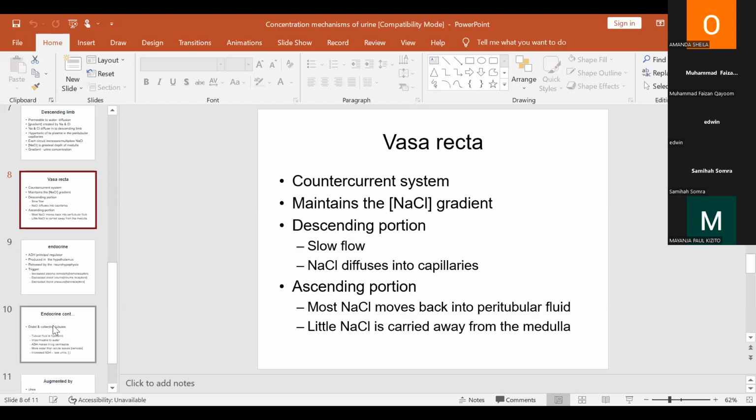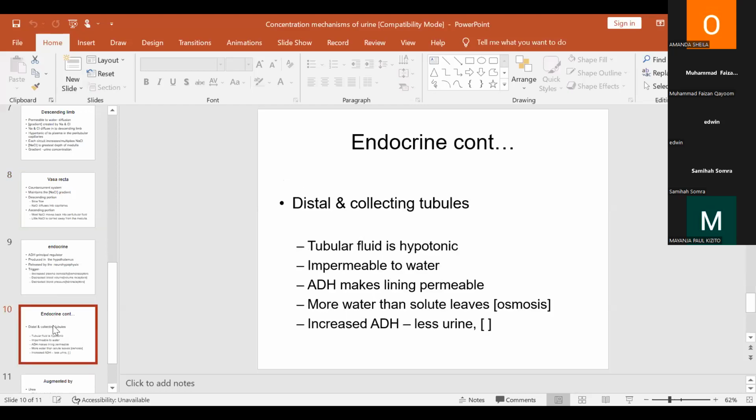Now, of course, there are other systems that help this concentration. And by now we should know that there's an endocrine contribution to this system, and some of them we have seen. For instance, when we talk about the distal convoluted tubule, earlier we had said that aldosterone is produced from the suprarenal gland and facilitates reabsorption of sodium, and therefore water follows.